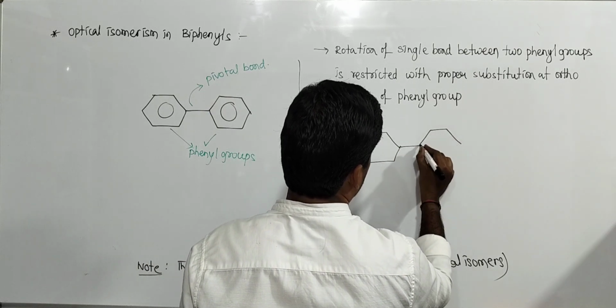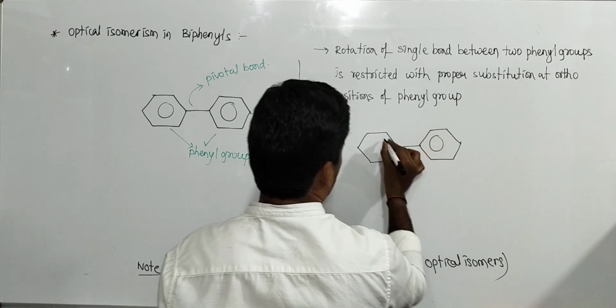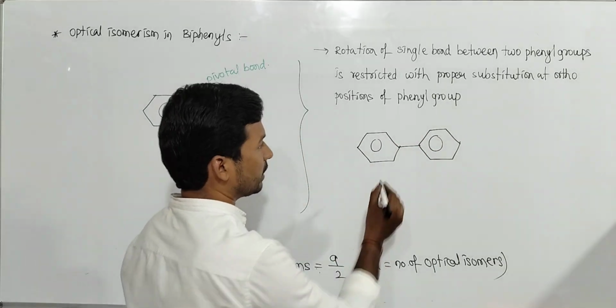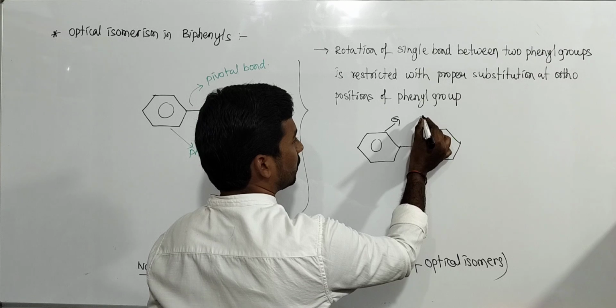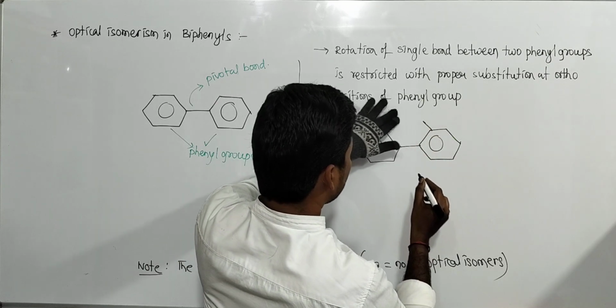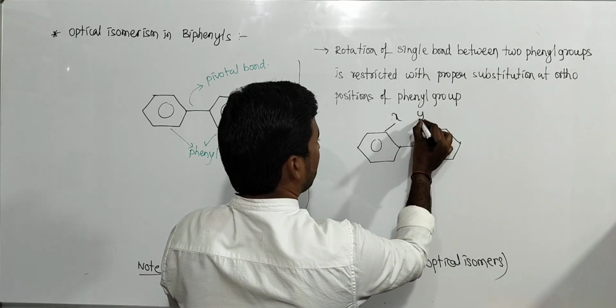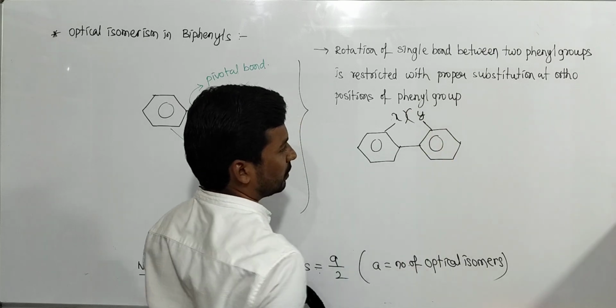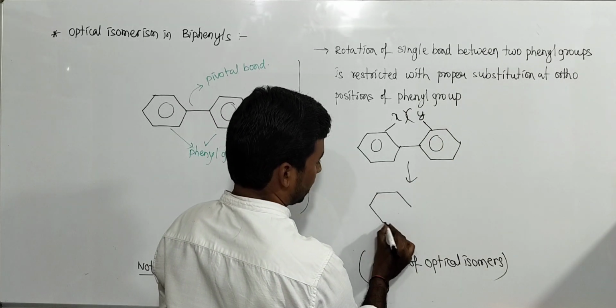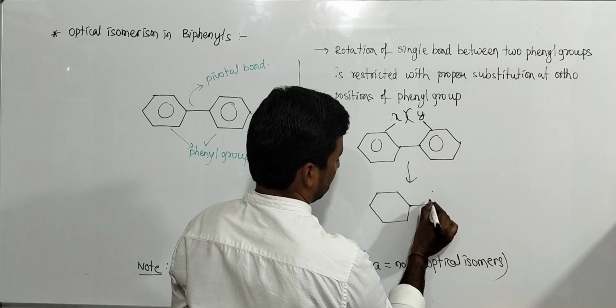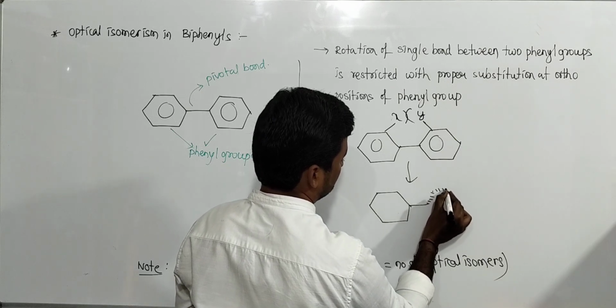We have to take one phenyl group, two phenyl groups I have taken here. So this is one group here, this is another group here, this is some X here and this is some Y here, both repel each other. Then what happens? One becomes vertical and the other horizontal.